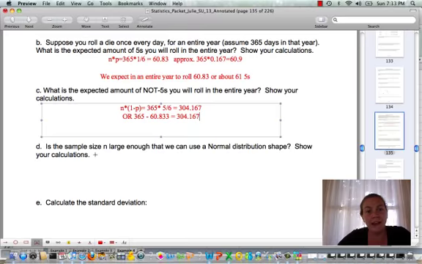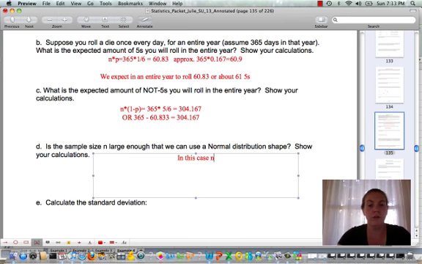So question D asks, is the sample size n, in this case n equals 365, large enough that we can use a normal distribution shape? Show your calculations. So we have to calculate out np, or n times p, which we actually just calculated above in part B, so that was 60.83. And you'll remember from vocabulary, we have to check to make sure that this value is greater than 10.